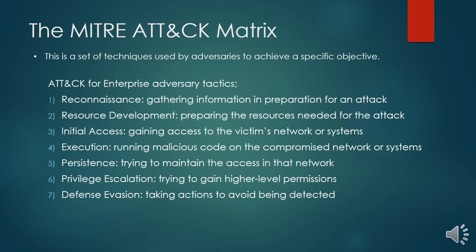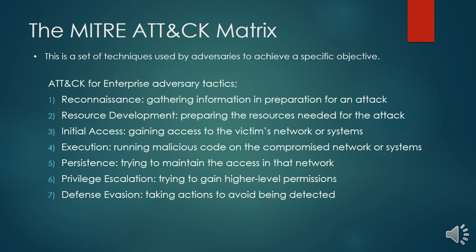The MITRE ATT&CK matrix. This is a set of techniques used by adversaries to achieve a specific objective. These are listed below, the first step being reconnaissance, which is the gathering of information in preparation of an attack, for example, information about the target organization.